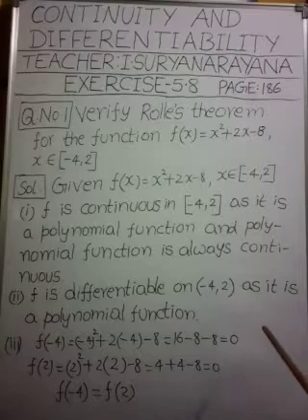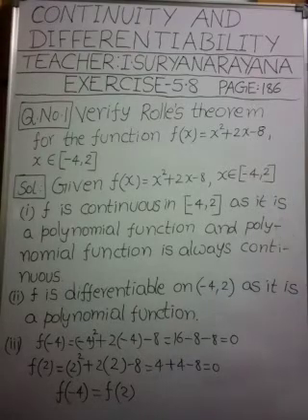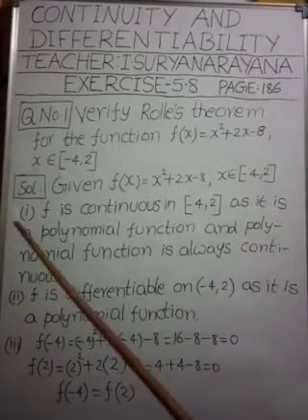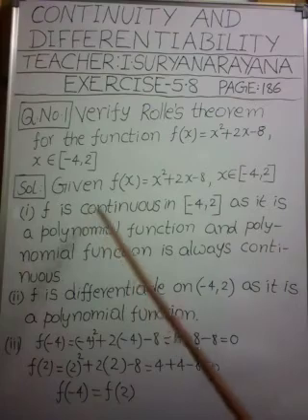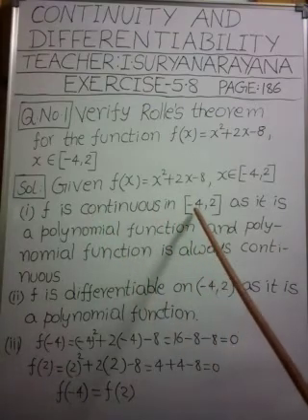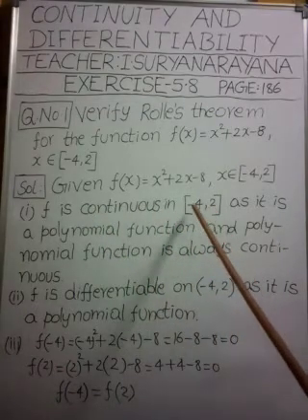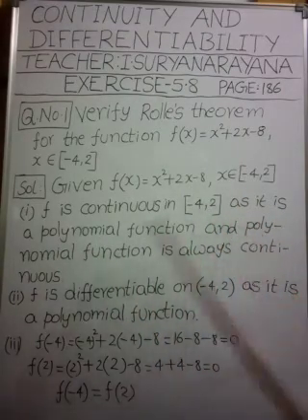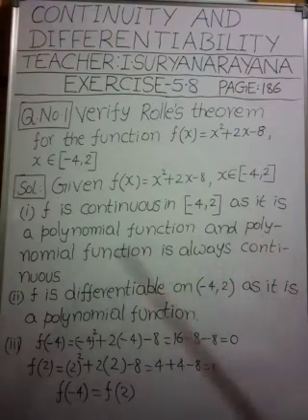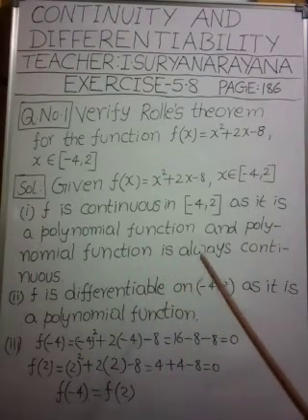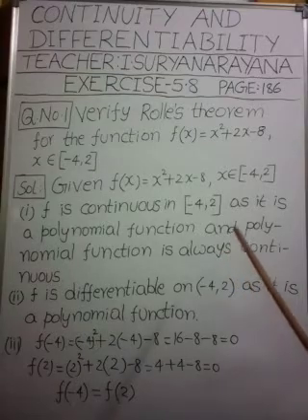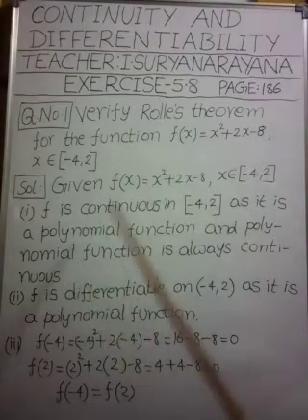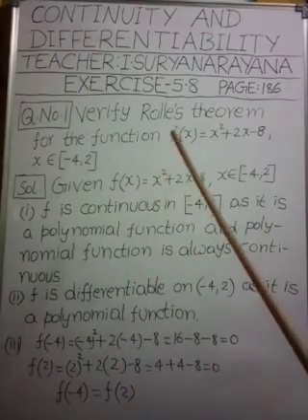What is the first condition? f should be continuous in the closed interval. f is continuous in the closed interval [−4, 2], as it is a polynomial function, and a polynomial function is always continuous on any interval. So the first condition is satisfied by this given function.